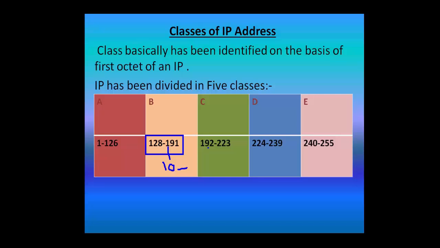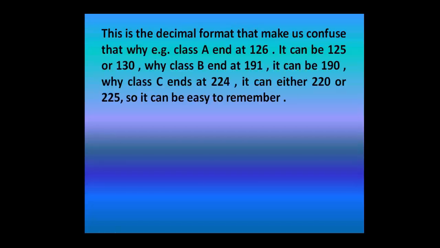Any IP in the C range, take 193, 200, 221, its first 3 bits will be 110. So by simply looking at the first octet bits, rather than converting into decimal, you can identify whether it's an A class, B class, or C class. Got the reason?